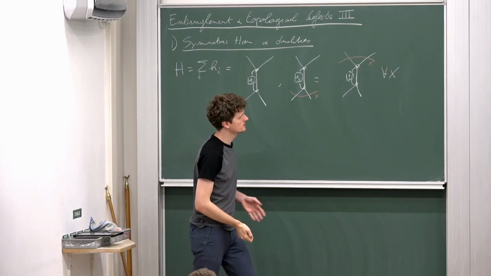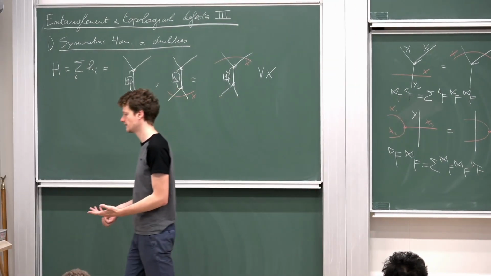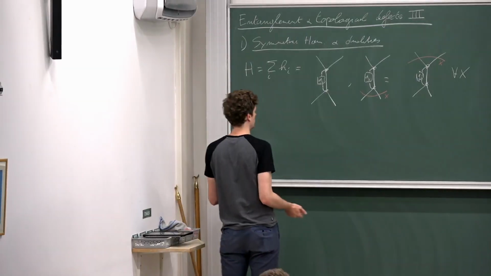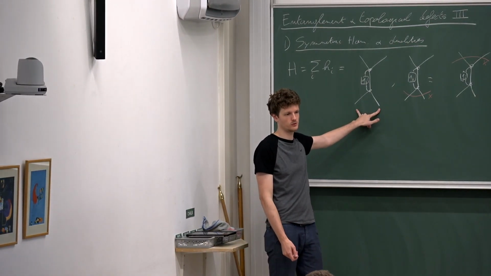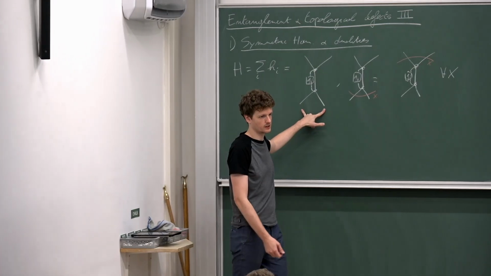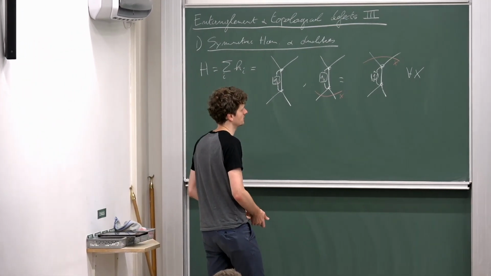This equation gives me a way to systematically write down Hamiltonians that commute with this symmetry. I took a nearest neighbor Hamiltonian that's just acting on two sites here. It really doesn't matter. I could have taken this however big I liked. It's exactly the same kind of construction.